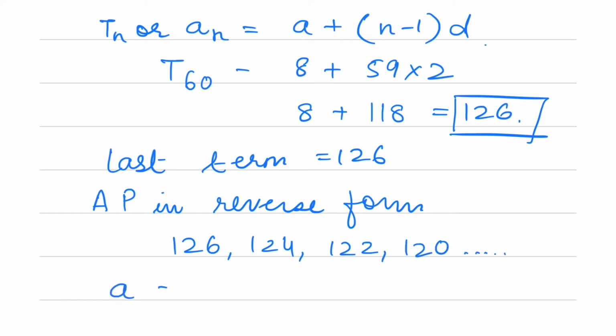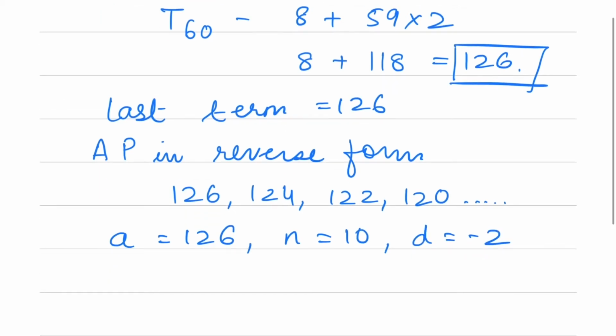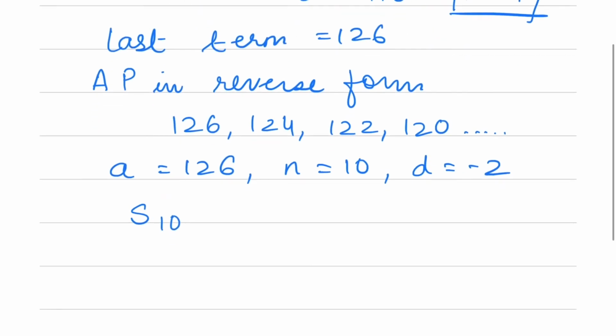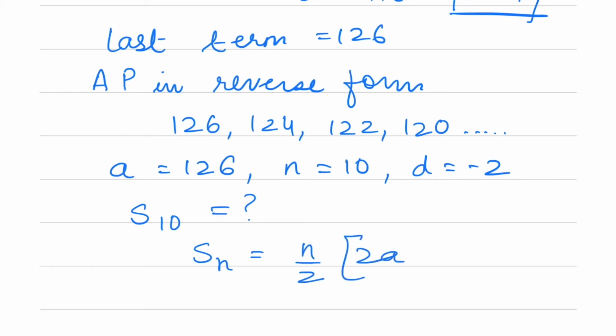So here my A becomes 126, n we have to find for the last 10 terms, and D here is minus 2 now. So S10 I have to find out, and the Sn formula is equal to n by 2 into twice A plus n minus 1 into D.